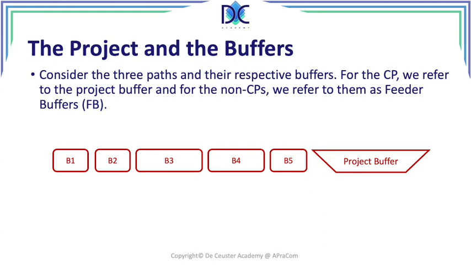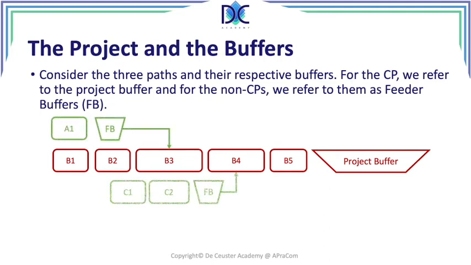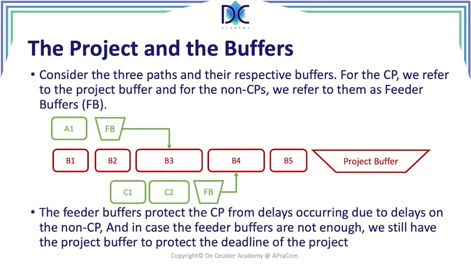The project buffer we put on the critical path, and on the non-critical path we put feeder buffers. We have the same principle here. And basically when we are working, the feeder buffers protect the critical path from delays on the non-critical path, but once they are not enough, we still have the project buffer that we can use.